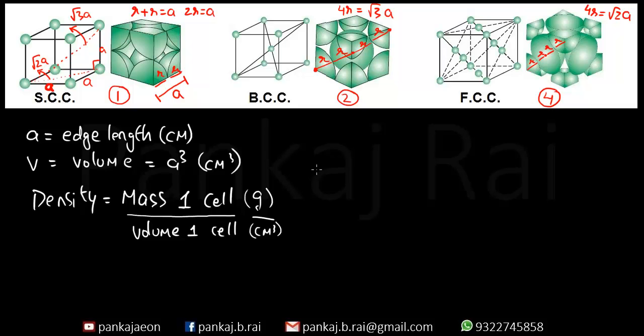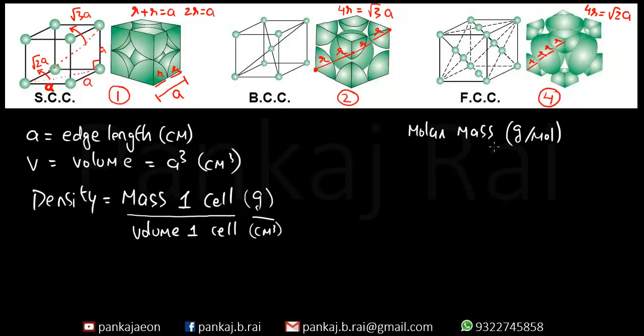But how do we calculate the mass of one atom? That is very important. So let me teach you how to calculate the mass of one atom. To find the mass of one atom, you would be given what is called the molar mass. You will be given the molar mass of the element in gram per mole. Now what is molar mass? Molar mass is the mass of 1 mole of the element.